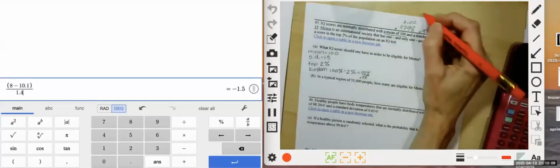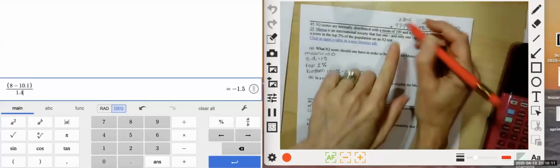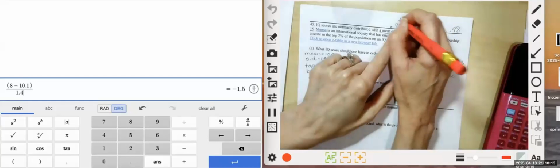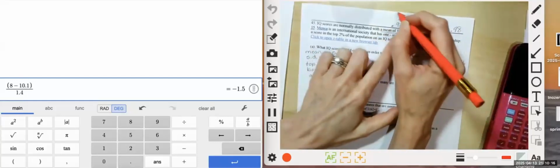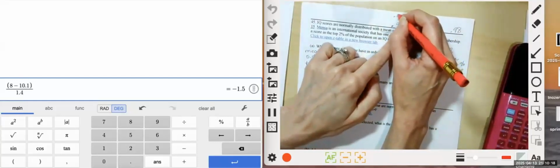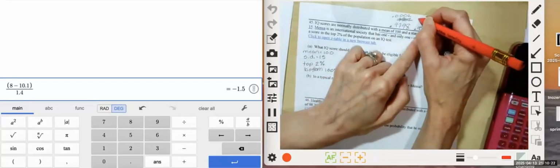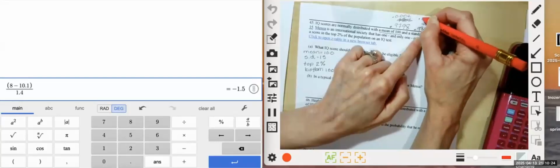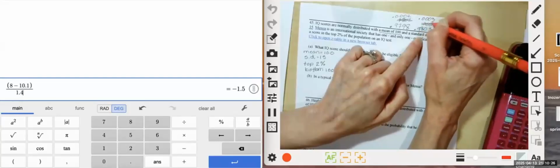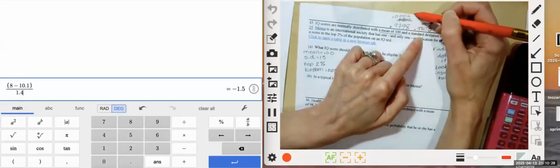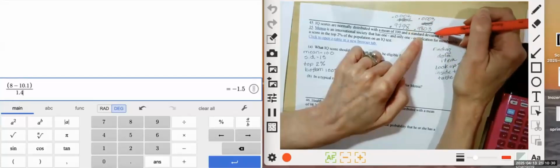Oh, I see the extra zero. Those get me every time. So here I'd have to add 0.0002. Here, I'd have to subtract 0.0003. Oh, okay. That makes sense.